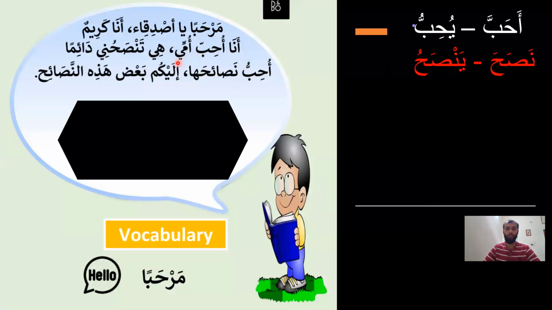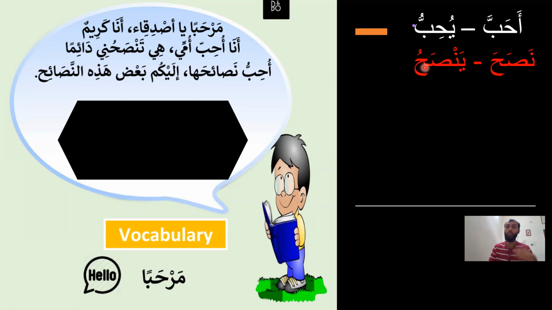Ana uhibbu ummi, hiya tansahuni da'iman. She advises me. Tansahu is a verb. It means advises. Nasaha means he advised. Yansahu means he advises. Past tense, present tense. Now, ummi is mother, which is feminine.